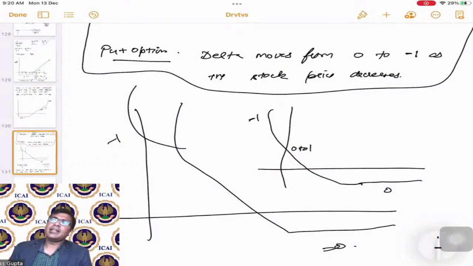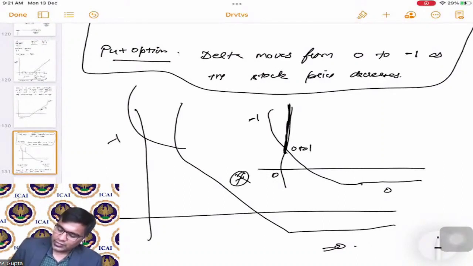Because deep in the money happens once the price goes far down. If the price is 0, this line should coincide with the y-axis. I'm just stretching this here so that you come to know it is deep in the money, although the share price cannot be negative.